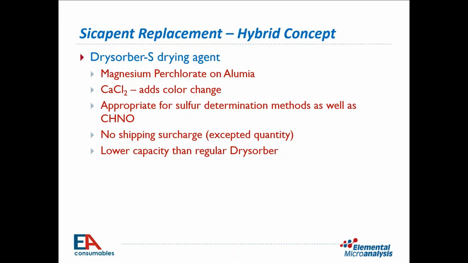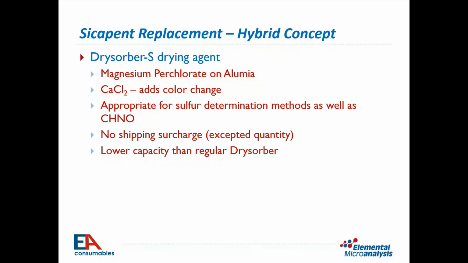It also does not need a shipping surcharge because the magnesium perchlorate is diluted on the alumina, and it qualifies under the accepted quantity limitation for shipping. However, this does have a lower capacity than our regular DryZorber. So if you're using sulfur with macro analyzers, this would be the go-to material. If you're only doing carbon and nitrogen, then the other form of DryZorber would be the choice.